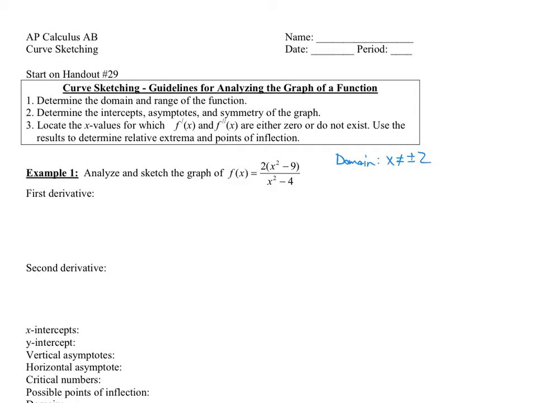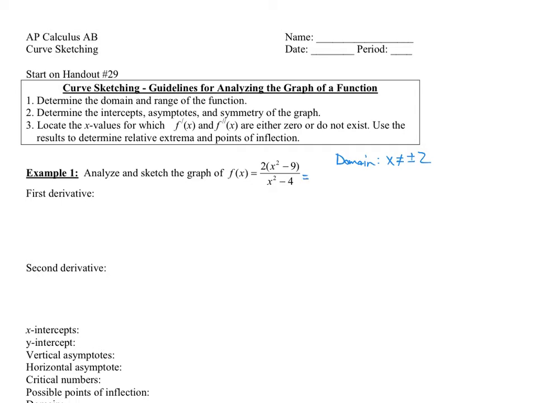Okay? Now, here's a question that we had to ask ourselves before, and we should now too. Are those values giving us holes or asymptotes? How do we know? Because the function is going to be undefined. Because it's not 0 over 0.